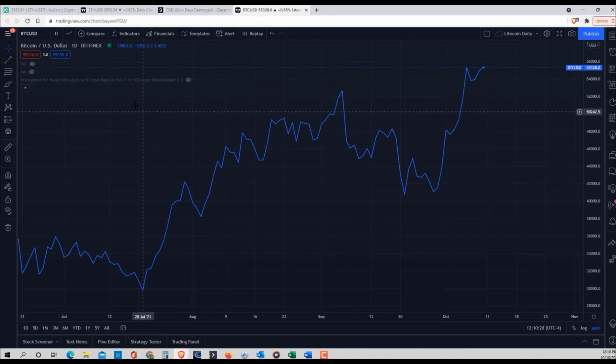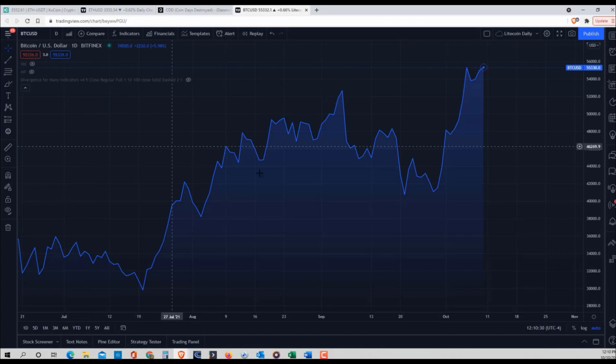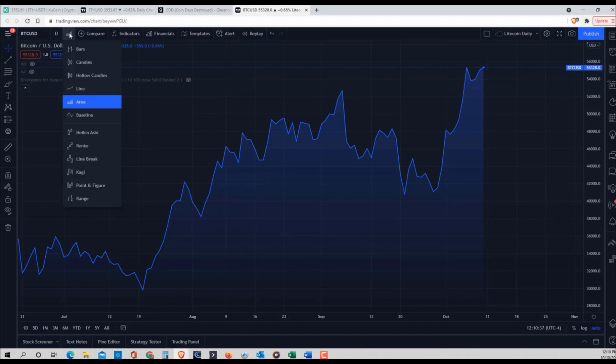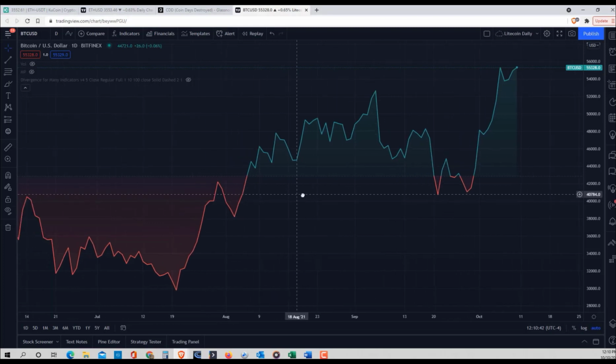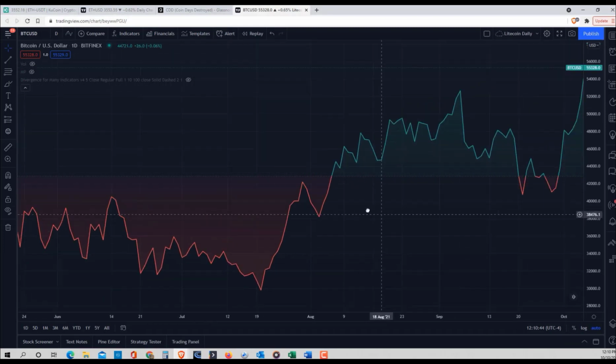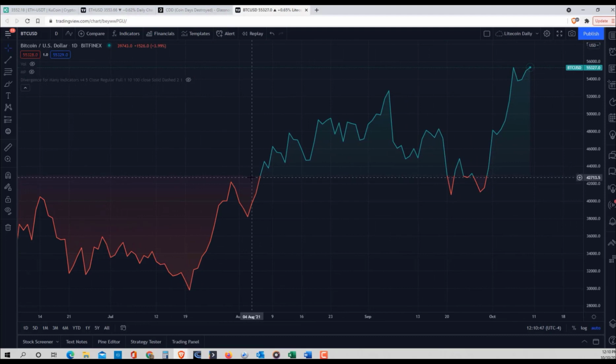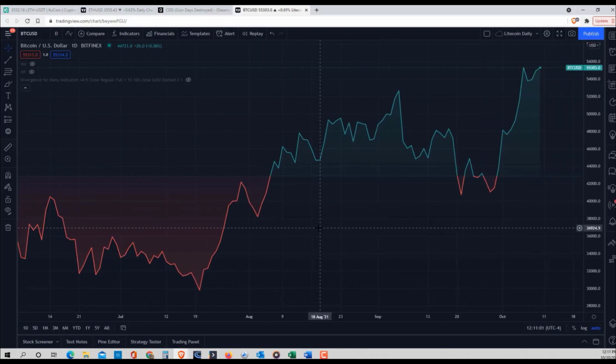And then we have the area chart, which is essentially the line chart, but the bottom side is filled out, color-coded. And then we finally have the baseline chart that gives you an idea of where the market is overall with the baseline that it calculates. And again, you can have these false breakouts, so you would want to use this with other indicators.